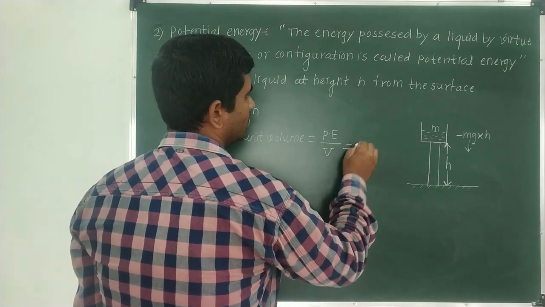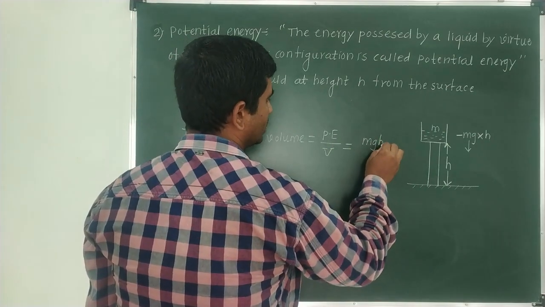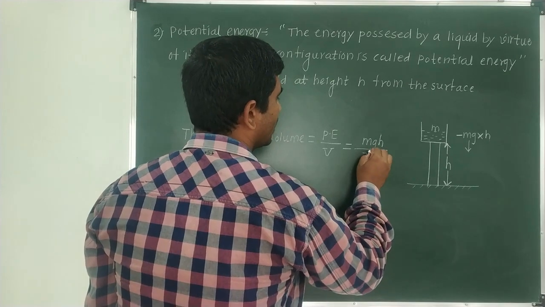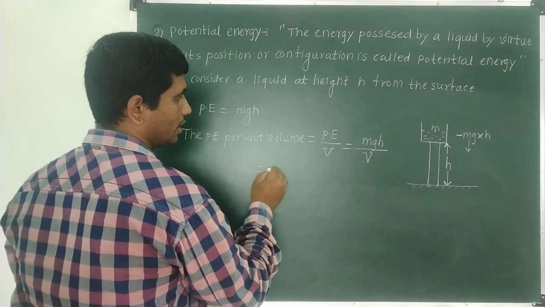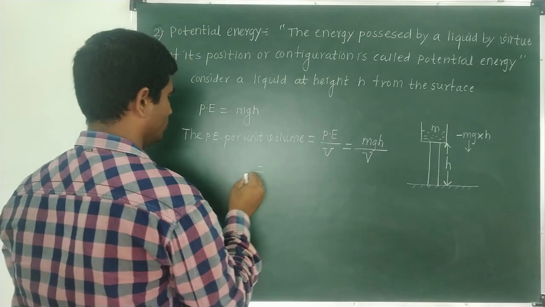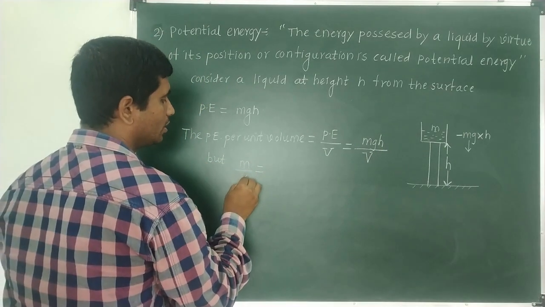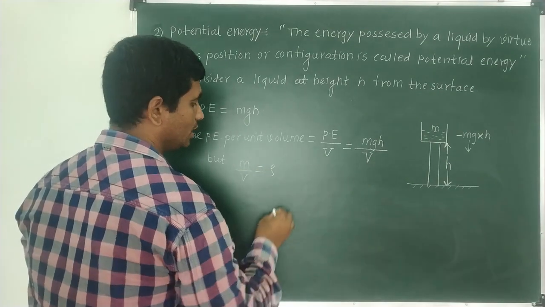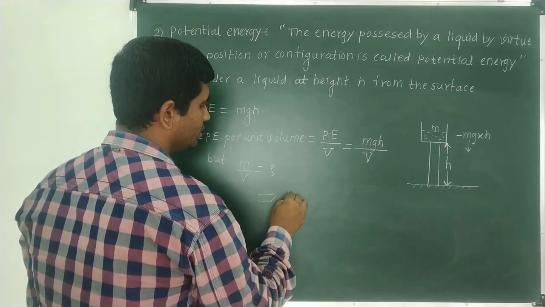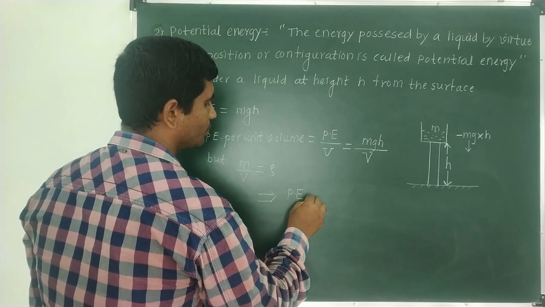So potential energy has the formula mgh, divided by capital V. We can rewrite this as mass upon volume, but mass upon volume is nothing but the density of the liquid.